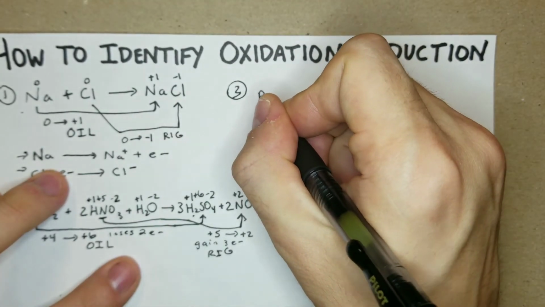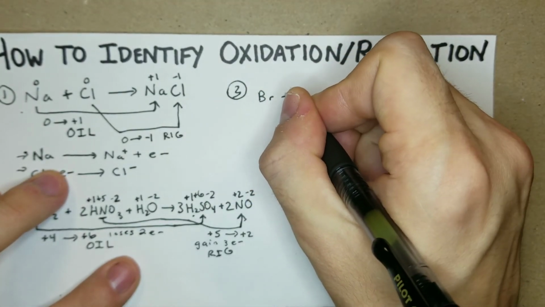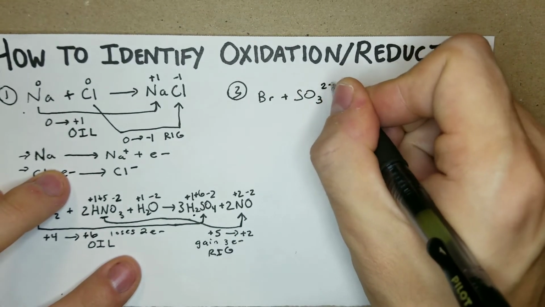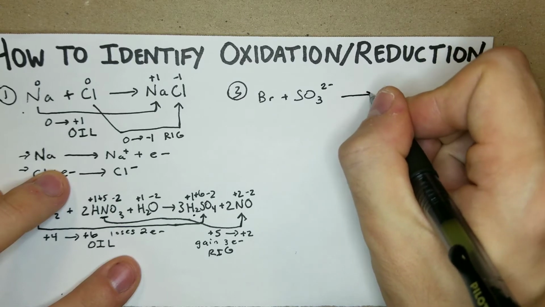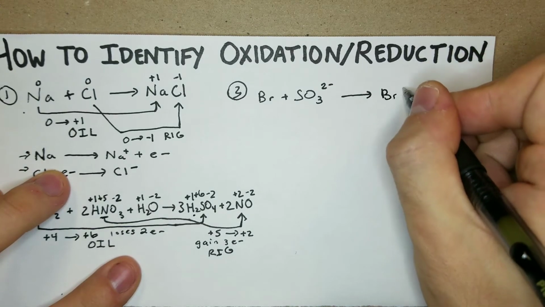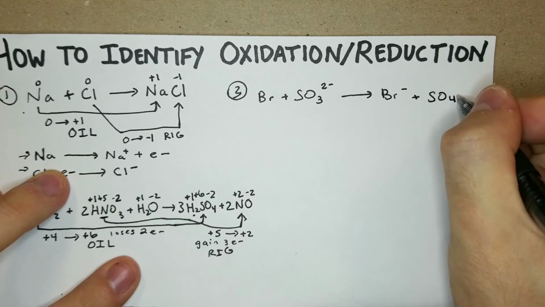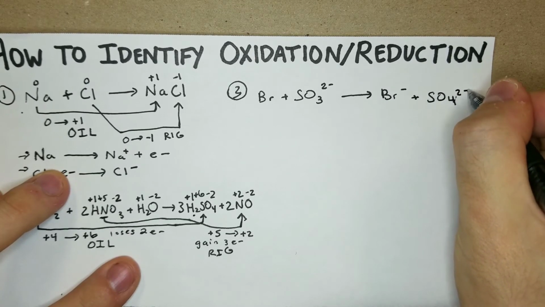This one's going to be Br plus SO3 2- yields Br minus plus SO4 2 minus.